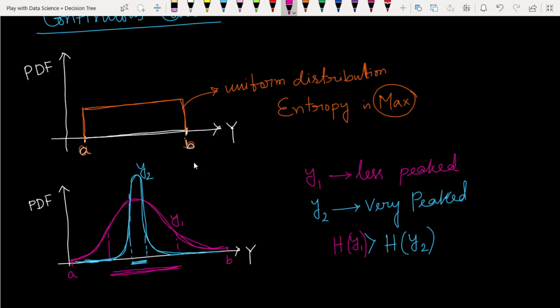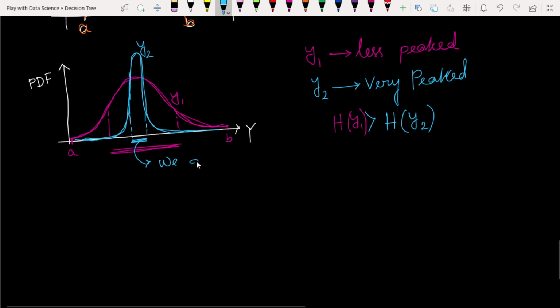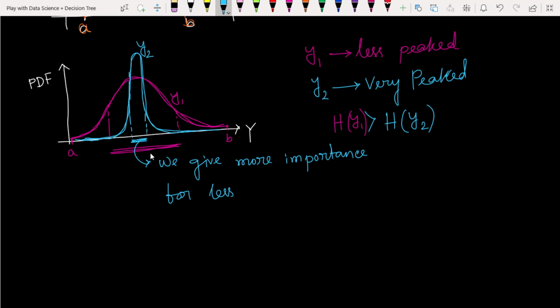If we conclude this, in the peaked case we give more importance to a smaller amount of points.